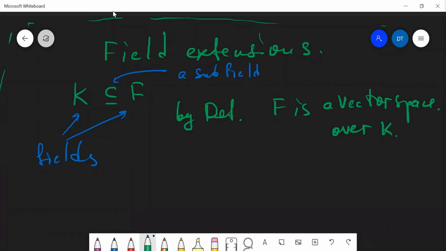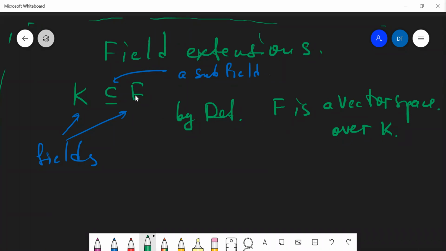A vector space is a set with two operations. Operation number one is addition, allowing you to add different elements of your vector space. And operation number two is multiplication, allowing you to multiply each element of a field with each element of your vector space.